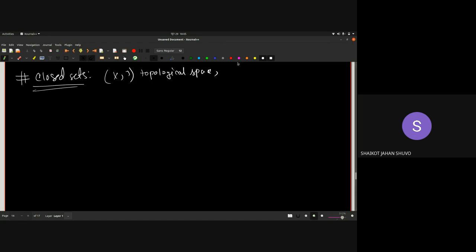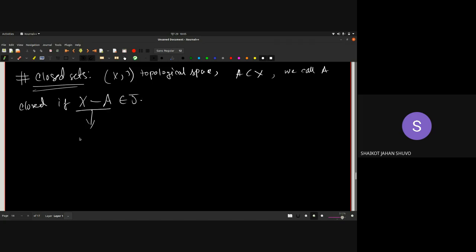Now let's get some more definitions. Closed sets. This is pretty easy. The definition of a closed set, how do you define it? Well, if your (X, tau) is a topological space, and A is some subset of X, we call A closed if X minus A belongs to tau.